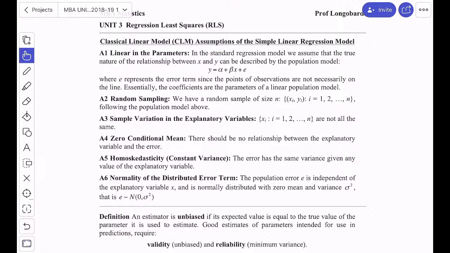This model, if you actually had the true intercept, the true slope, and the actual error terms from the line, then you would have the population model. But we don't. So we estimate alpha, we estimate beta, so this would be our A, this is our B, and this is the y hat.